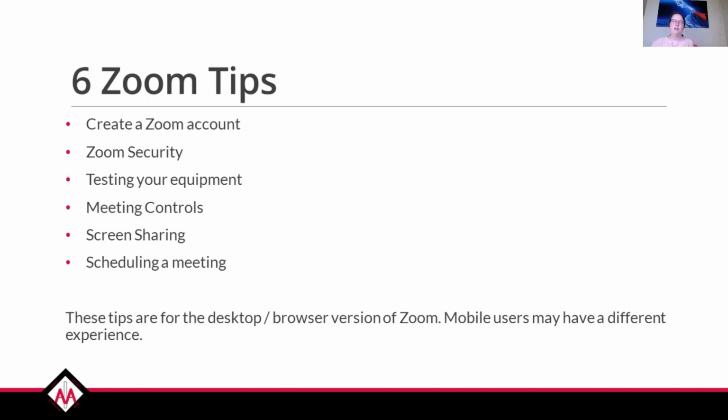And just so everybody knows, these are going to be primarily for the desktop version of Zoom or the browser version of Zoom. If you are using it on your mobile, then it will probably look different and have a different feel, different options, different settings, all of that stuff. So just be aware that this is primarily focusing on the desktop and browser versions of Zoom.